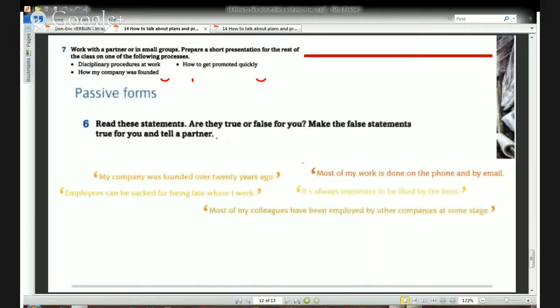Yuki, I'd like you to pick one and make it true for you if it's not true. It doesn't matter which one you use. Remember, you're the boss where you work. It's always important to be liked by the boss. I think it's completely true for my life experience. It always works.